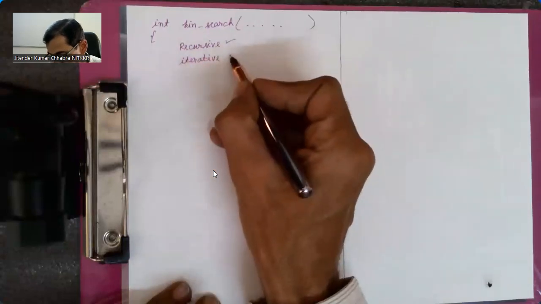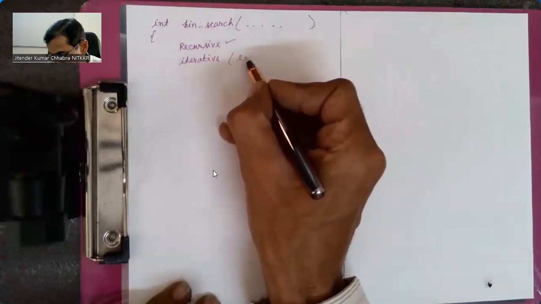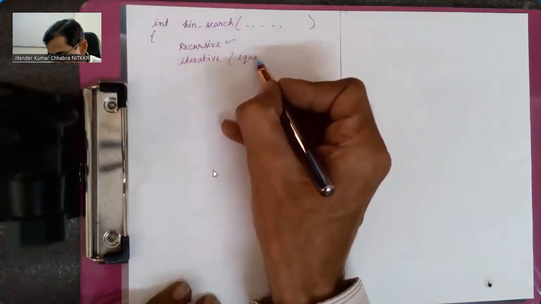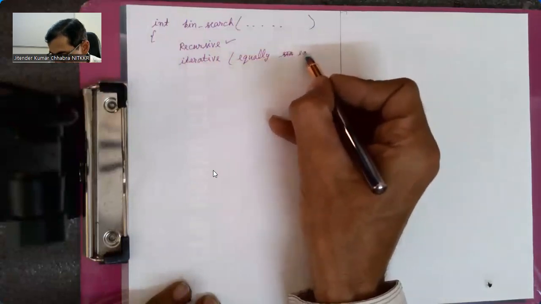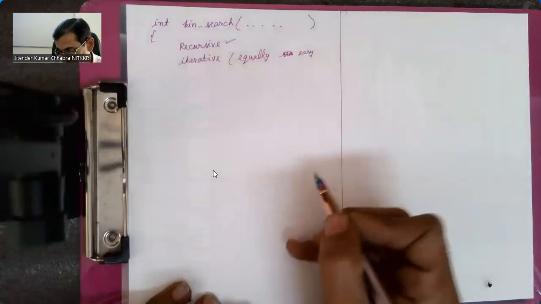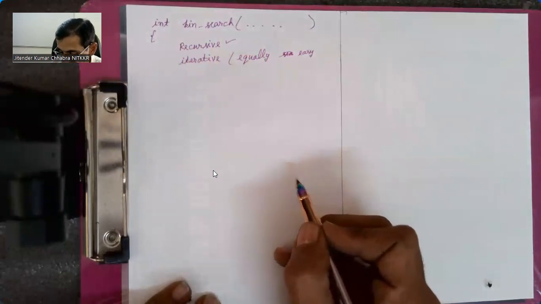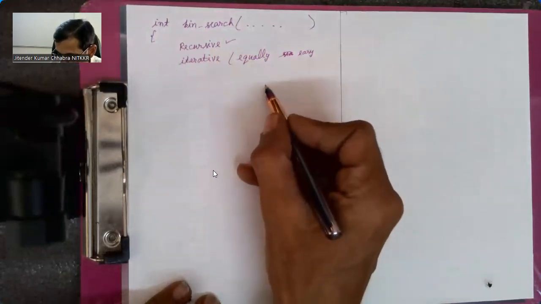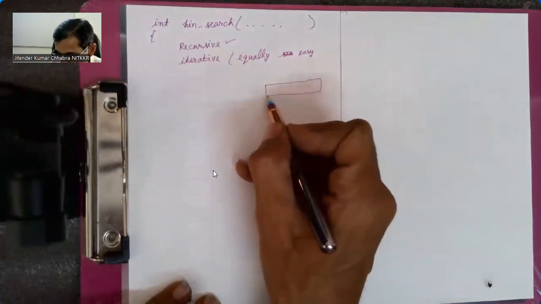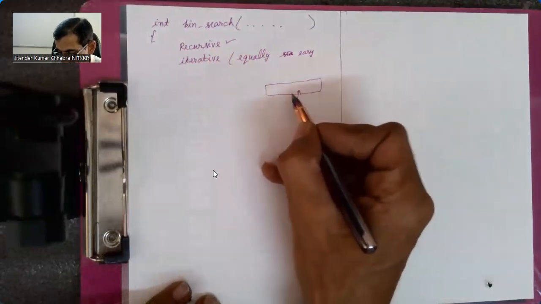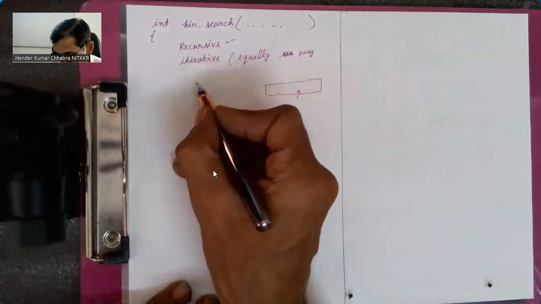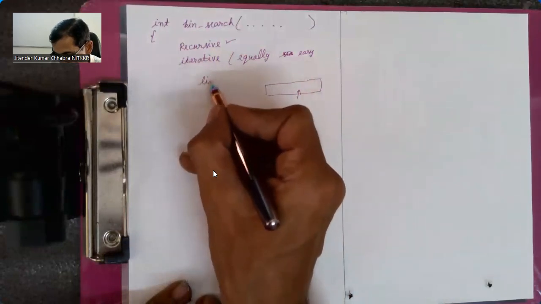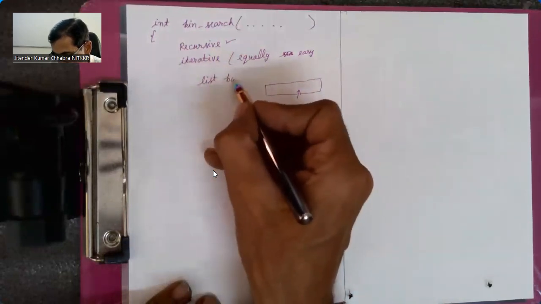Iterative means using loops, and that is also equally easy. Because repeating the process doesn't mean recursively repeating. I could say again find the middle of the right sublist, again compare and reduce your list. So effectively my list boundaries will be redefined.